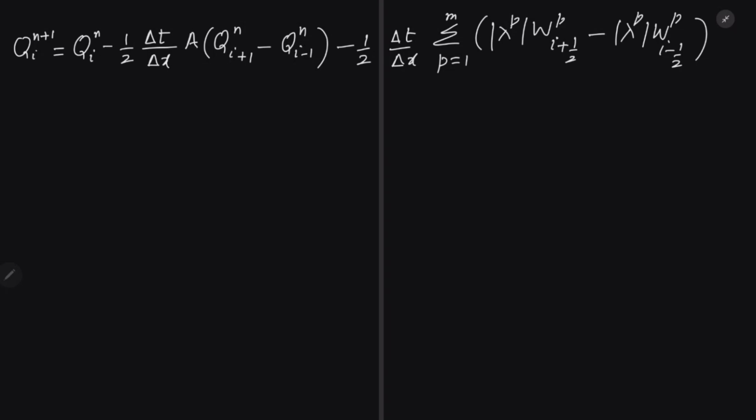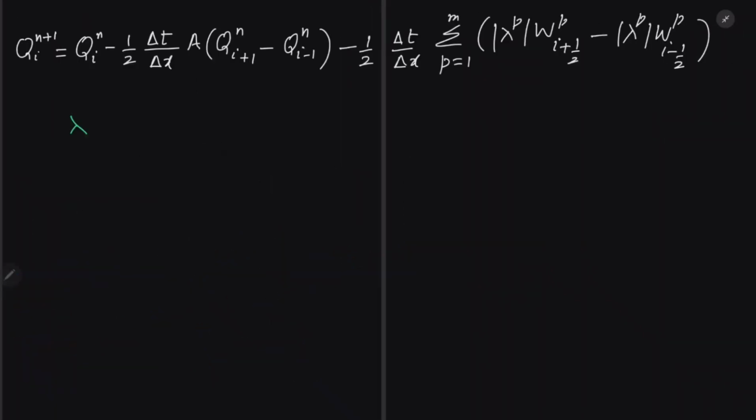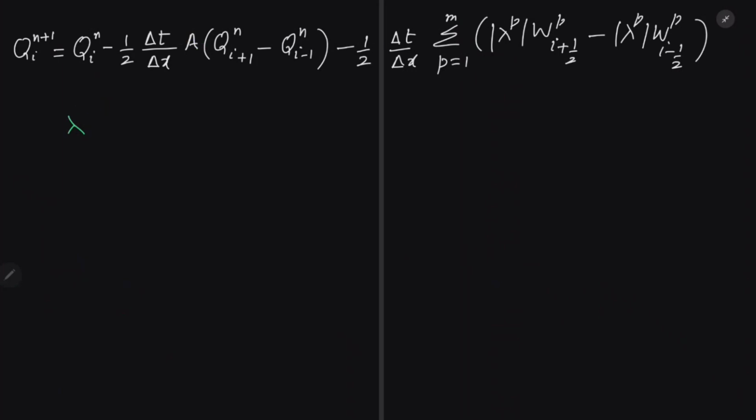Here one thing we should remember is that we are using lambda p mod. In the previous fluxes we had plus and minus. These plus and minus can be replaced with mod like this: lambda plus minus lambda minus. Suppose lambda plus has a speed 3 and lambda minus has a speed minus 4, for example.